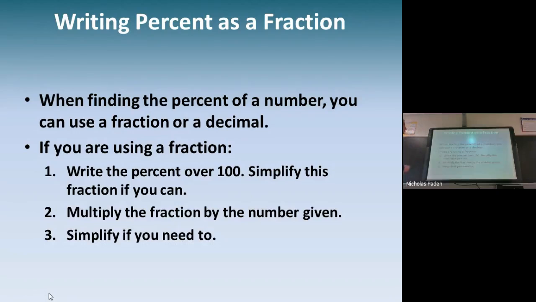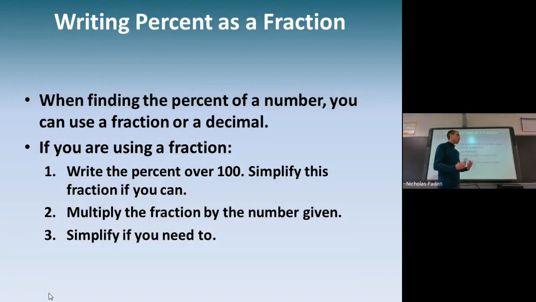If you are using a fraction, this slide tells you what to do. You want to write the percent over 100, and if you are able to simplify it, you simplify it, and then you're going to multiply that fraction by the number that's given to you. If you need to simplify after you multiply those two numbers together, then you do that.